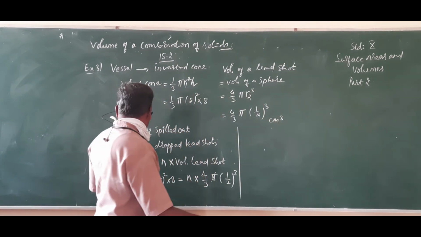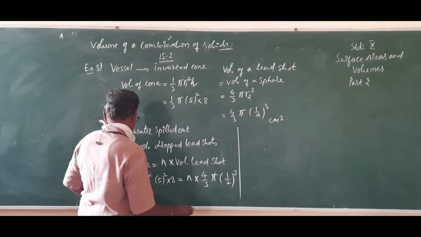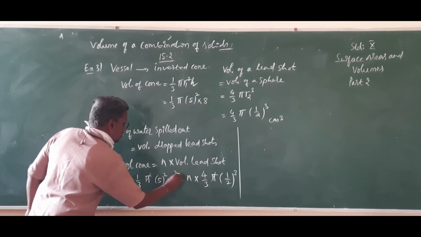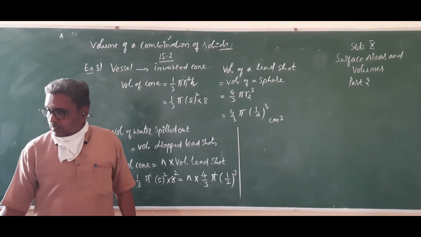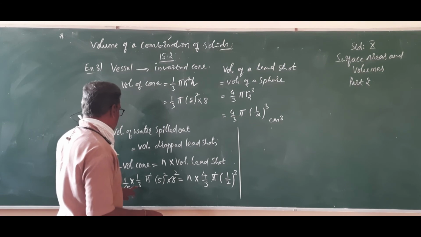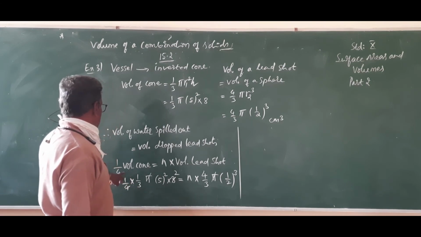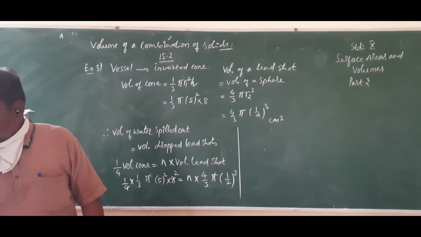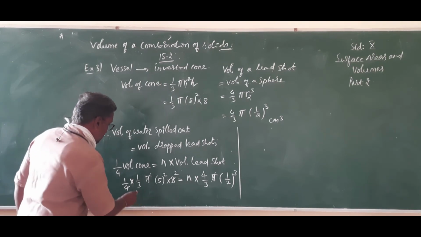Four 1s are 4, four 2s are 8, and 1 by 3 is there.